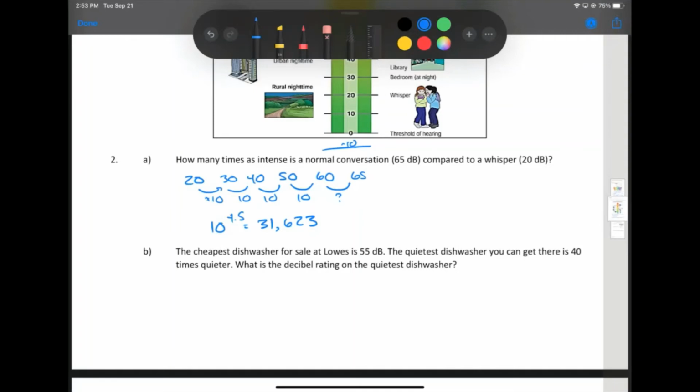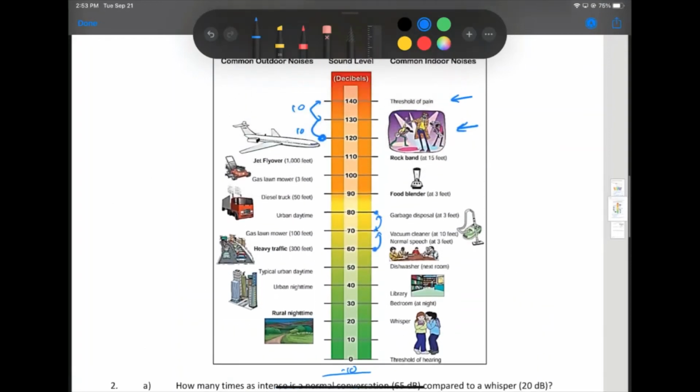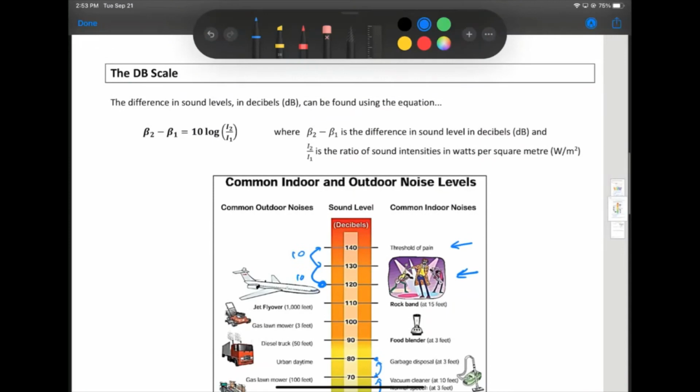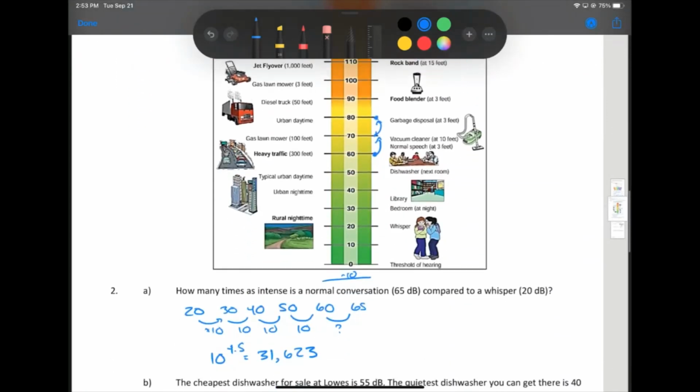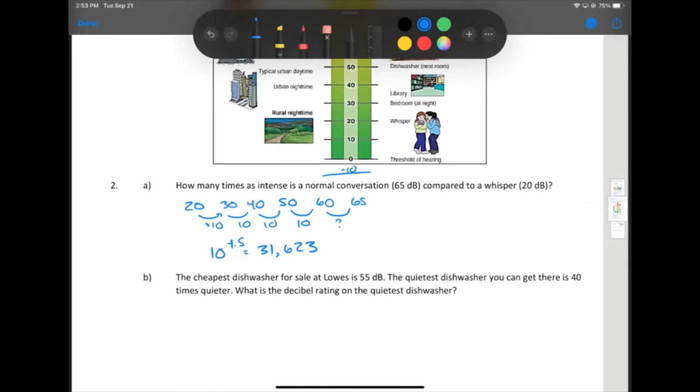Now to go back to our actual formula up here, we could try that. Decibel rating 2 minus decibel rating 1 equals 10 log I2 over I1.